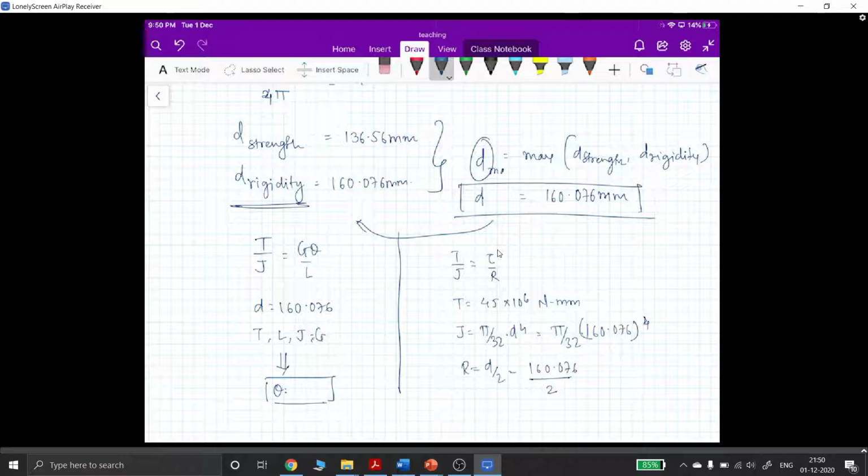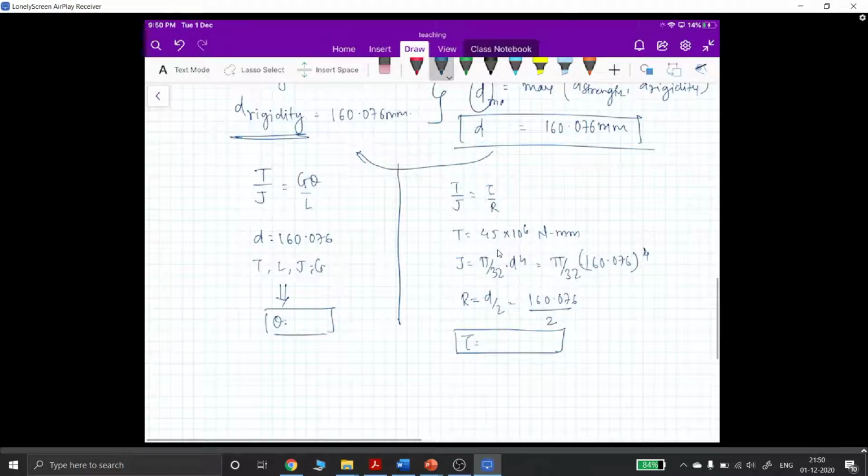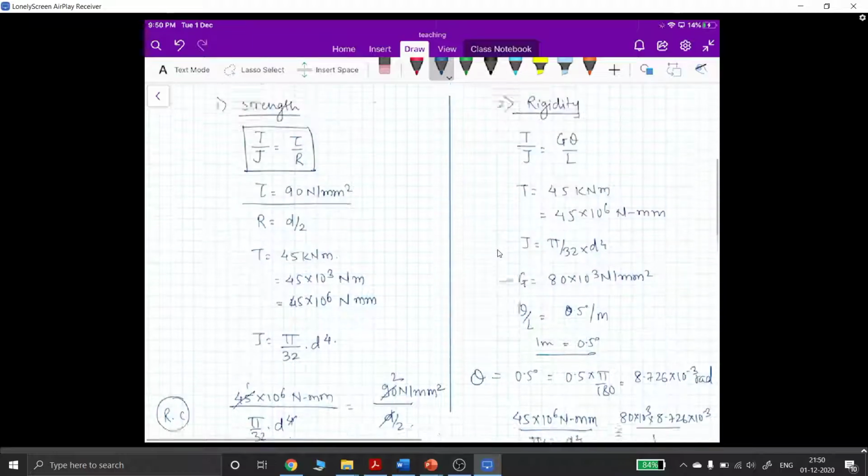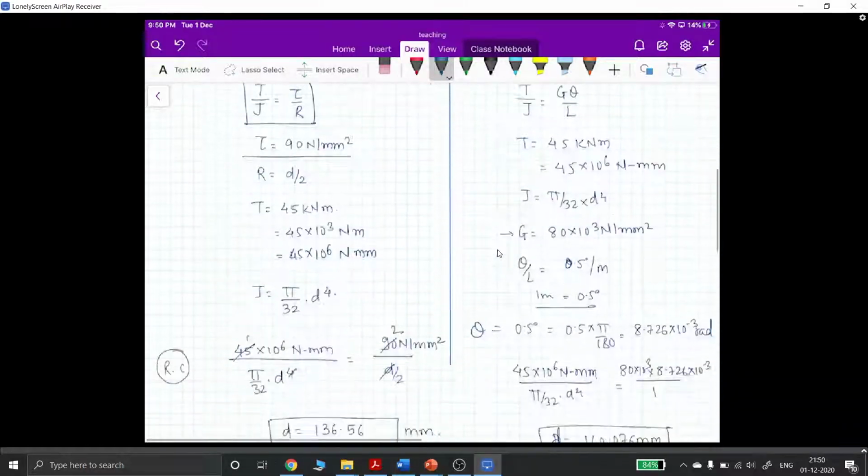Now you can calculate the tau value. Here you should get tau equal to 55.873 Newton per mm square, which is less than 90 Newton per mm square.